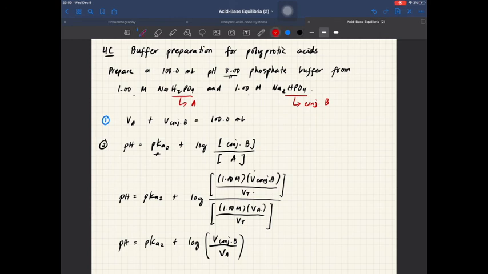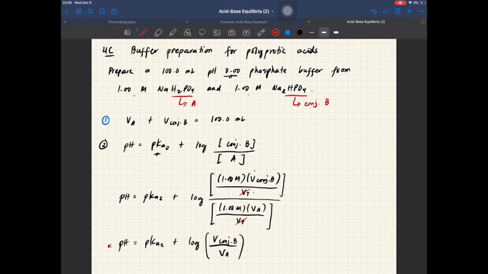Canceling the same units, we have pH is equal to pKa2 plus log of V conjugate base over V weak acid.